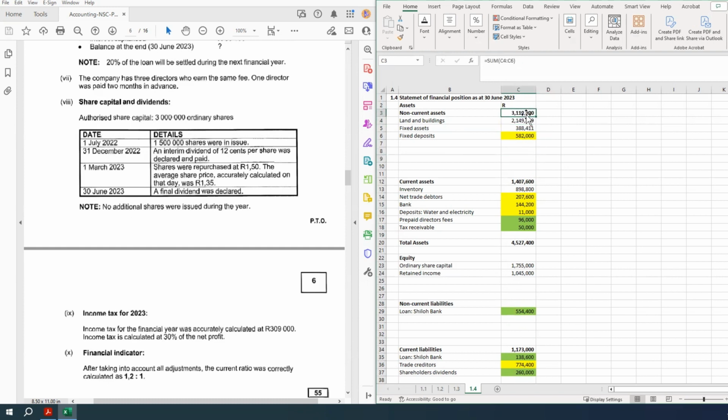All right, so just to check, those two together, 4.5. So essentially, that is the balance sheet question.